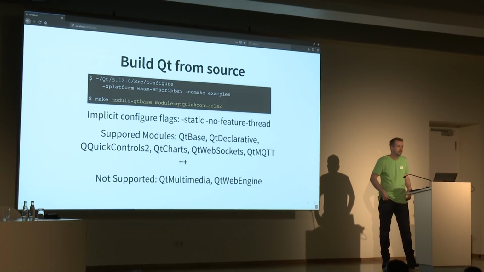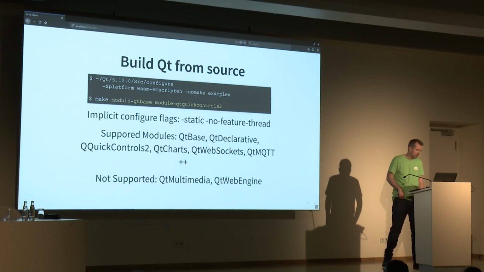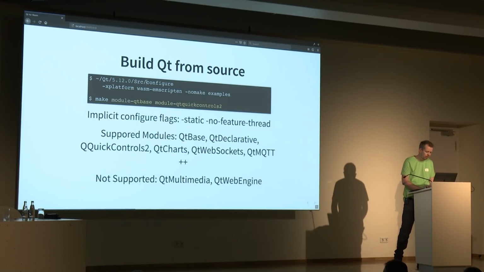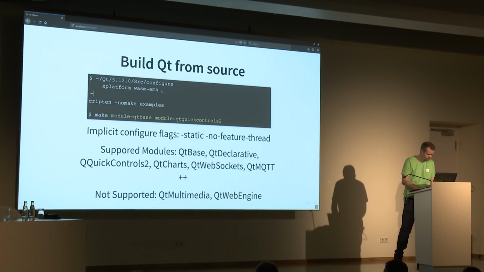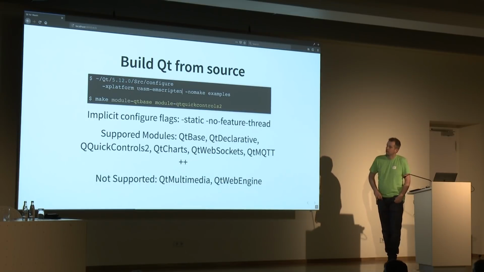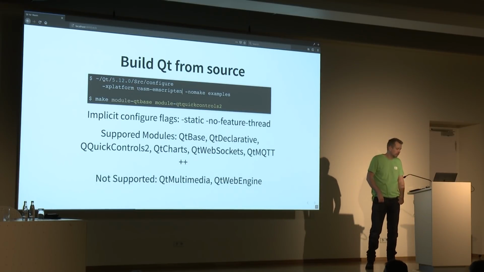After you've downloaded, you build Qt from source. The first thing there is to run the configure script. And you specify that you are cross-compiling for this target, WebAssembly and Emscripten. And then you also pass -nomake examples, because we are not going to build all of those.